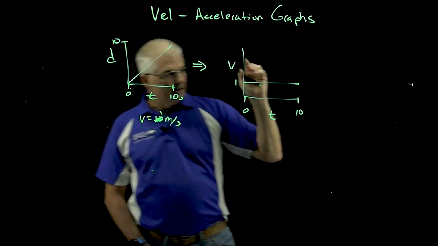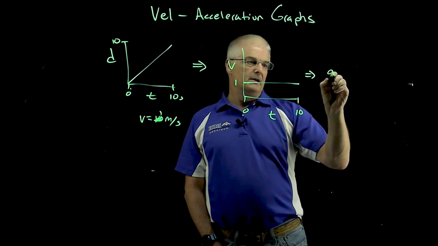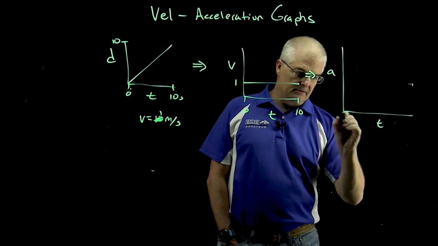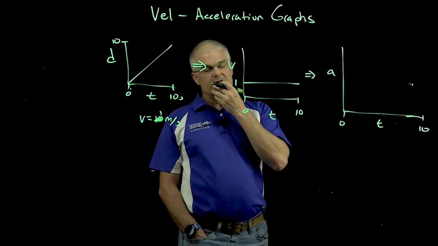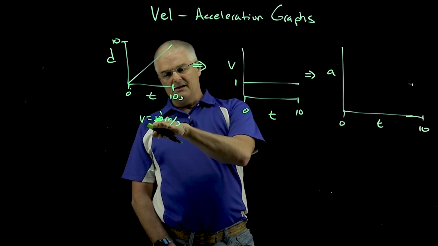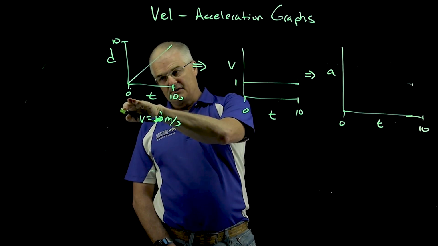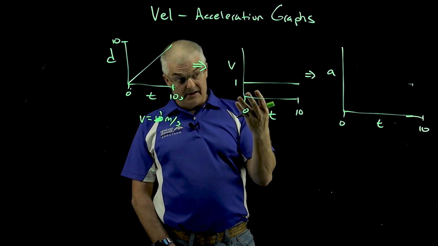Got it? And that leads us to the third graph, which is the acceleration time graph. We've still got 0 to 10 seconds. What would be the acceleration? Now remember, acceleration is the change in velocity. Well, the velocity is 1 at time equals 0, and it's 1 at time equal to 10. The change in velocity is 0.